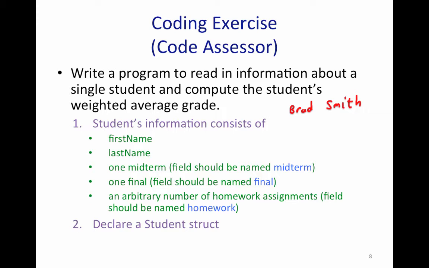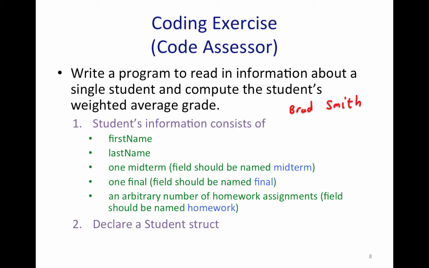Now, most of the questions seem to center on how you read the rest of the information. The rest of the information is always a string and then a score. The first piece of information is the assessment type.